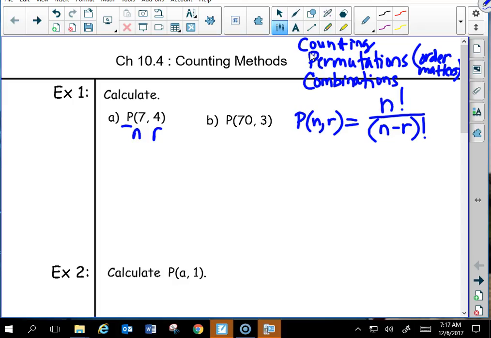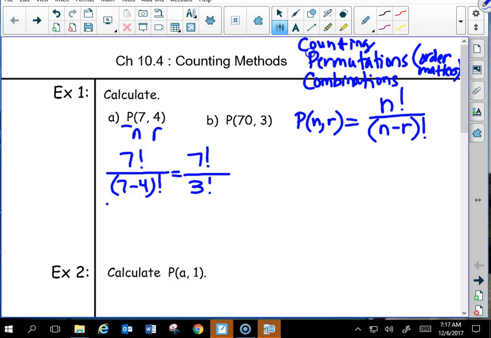So for A, 7 is N, 4 is R. So this permutation is going to be 7 factorial over 7 minus 4 factorial. Now I'm going to write out that factorial, 7 factorial. 7 minus 4 is 3. And this is what I mean by canceling.